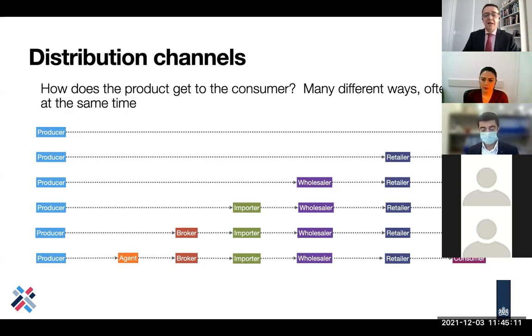But the issue is, because these products rot very quickly, they have a very short shelf life, they need to pass hands very quickly, so that the risk borne by any one of those players in that chain is small.